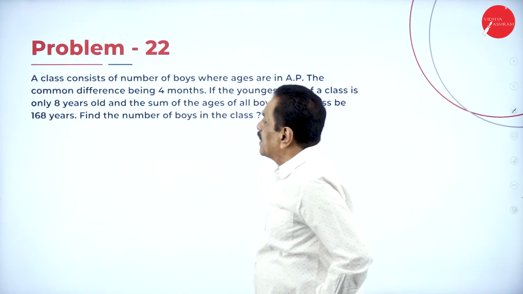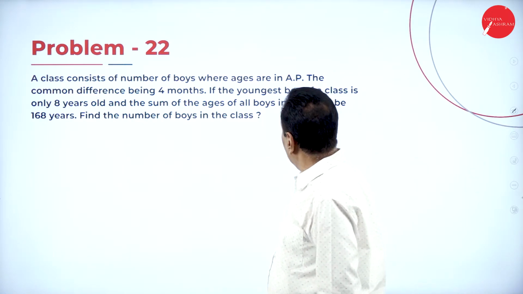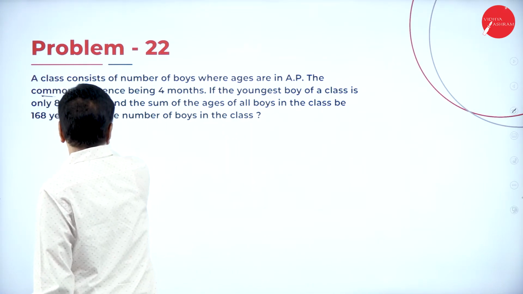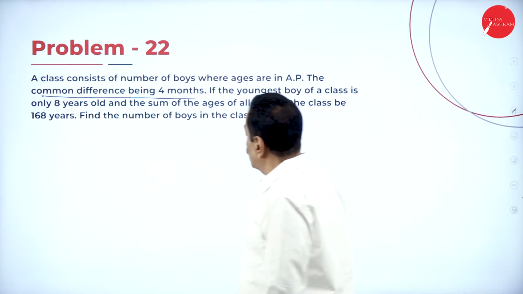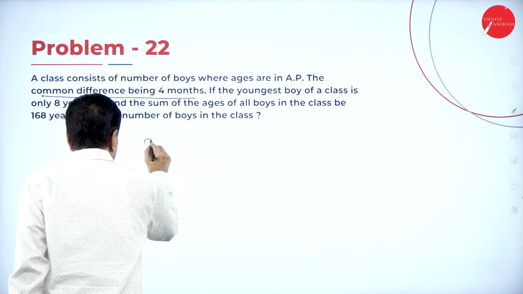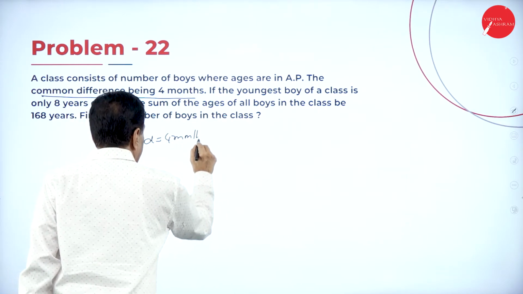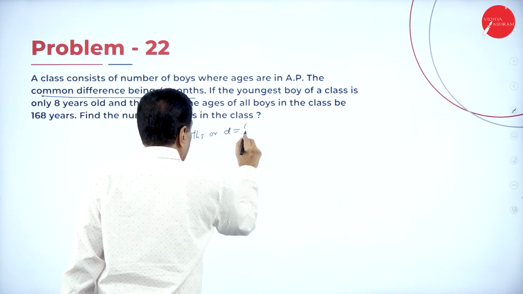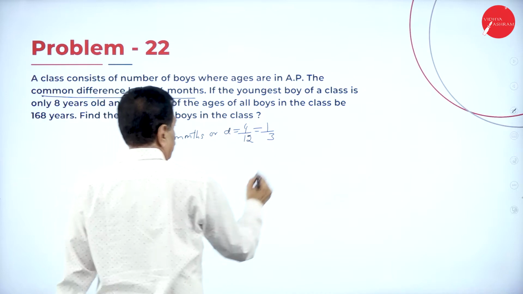Second one. A class consists of a number of boys whose ages are in AP. The common difference is 4 months, so D is equal to 4 months, or D is equal to 4 by 12, which is 1 by 3 years.